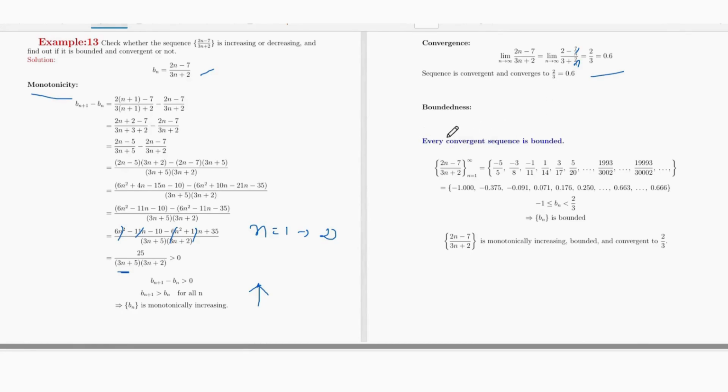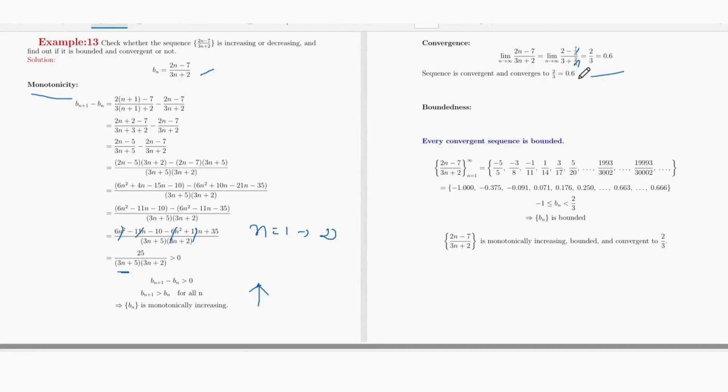Now let's discuss the boundedness of the sequence. In the previous example, we already discussed that every convergent sequence is a bounded sequence. So from this result, we can say that the given sequence is a bounded sequence, because this one is a convergent sequence. We already proved this.